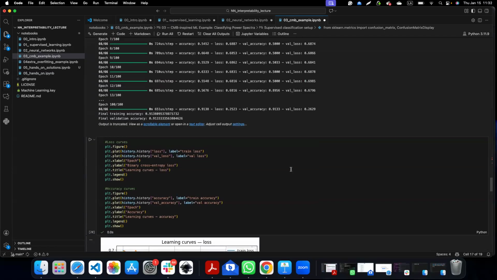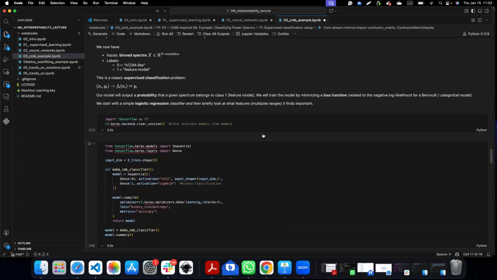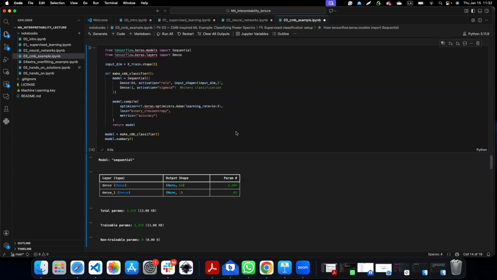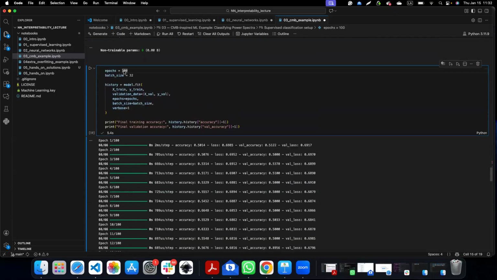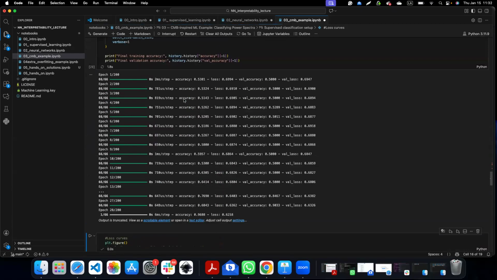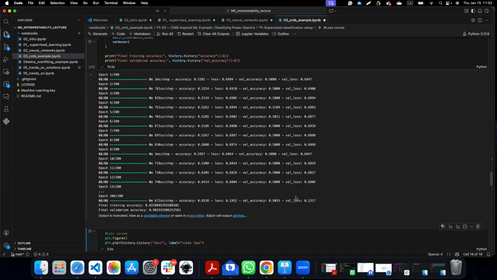So actually, if you want, we can make the experiment to increase the number of epochs, whatever, 200, right? So let's see. You see the loss decrease? 0.19, and it was 0.22, right?